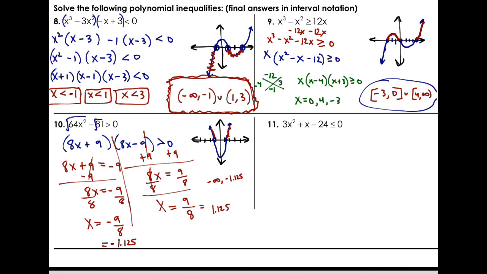Let's just leave it as a fraction, guys. To negative 9 over 8. Both parentheses. And then union from 9 over 8 to infinity.